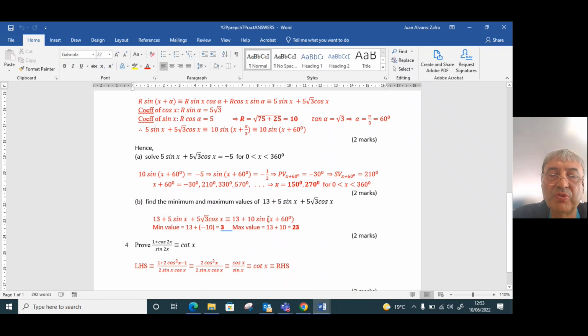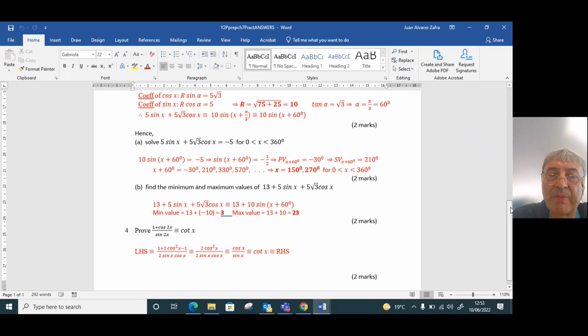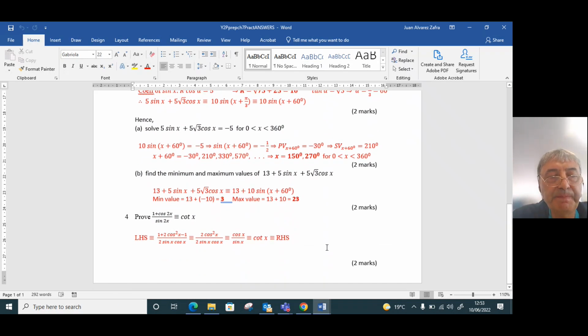And if we then want to consider what the maximum of this is, well, the maximum of sine is 1. So the maximum of 13 plus 10 times sine is 13 plus 10, which is 23. And the minimum occurs when sine is minus 1. So we have 13 minus 10, which is 3. I hope that's easy. Very typical of exam questions you might well get.